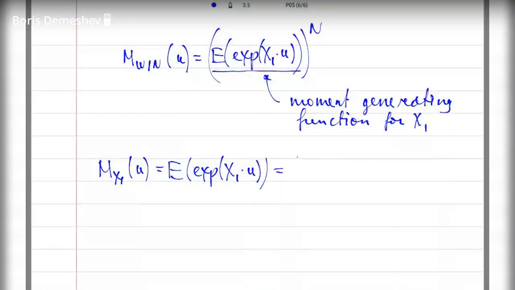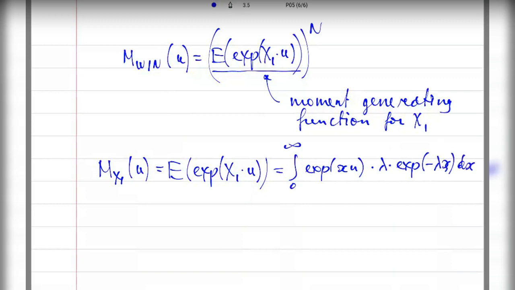So that's the integral from 0 up to infinity of exponent of xu multiplied by the PDF, lambda times exponent of minus lambda x, dx. Yeah, that's the PDF.